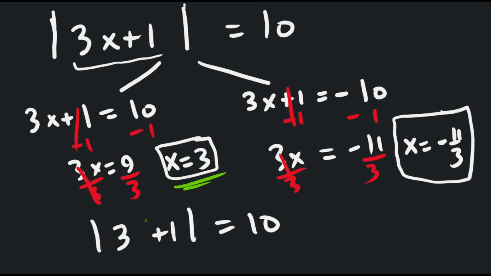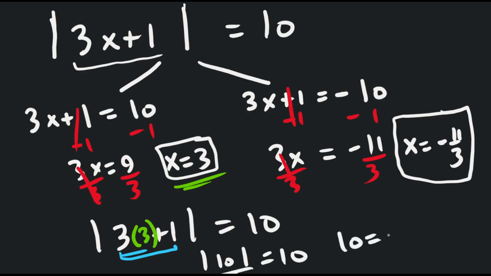So 3 times 3 is 9, and then 9 plus 1 is 10. So we have the absolute value of 10 equals 10. And what's the absolute value of 10? That is simply 10. So 10 equals 10, and 10 does equal 10, so that checks out. So x equals 3 works.